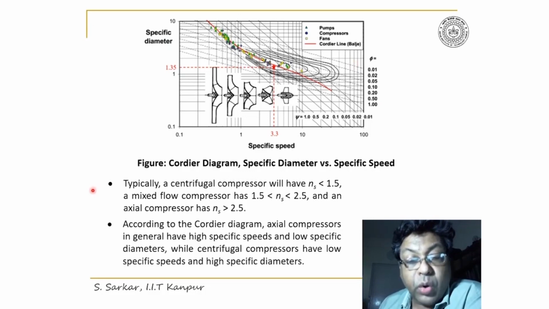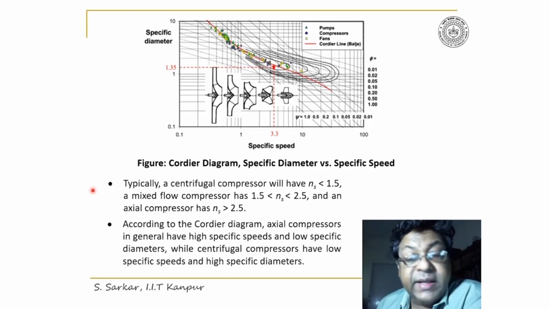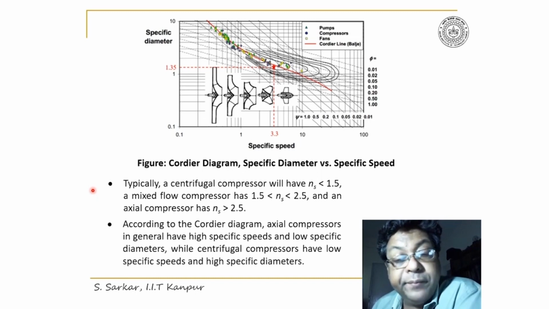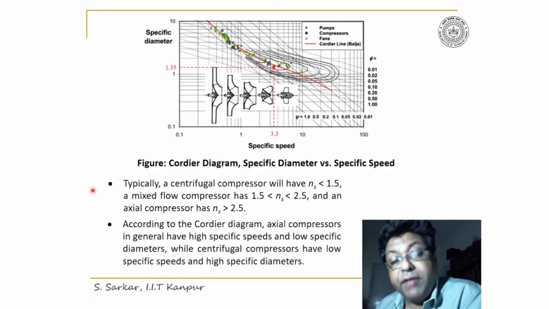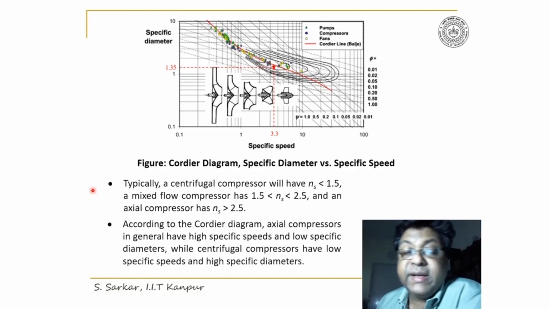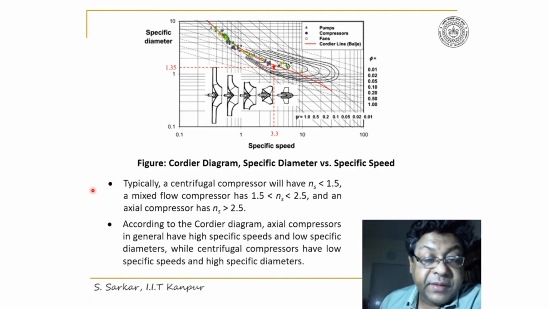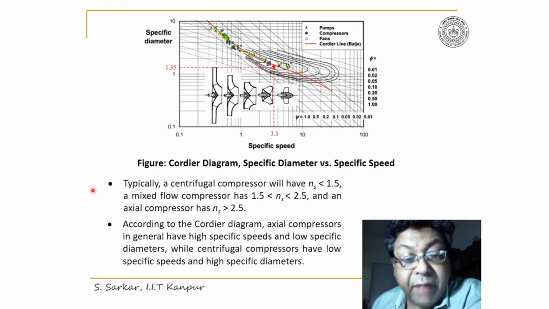Here, please note that typically centrifugal machines will have Ns less than or equal to 1.5. A mixed flow machine has Ns 1.5 to 2.5, while axial flow machines have Ns greater than 2.5.